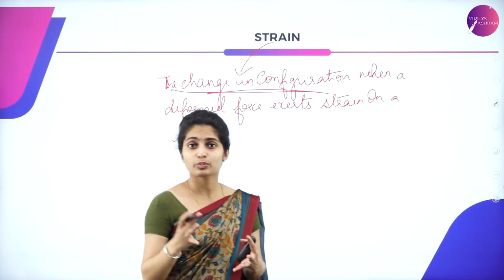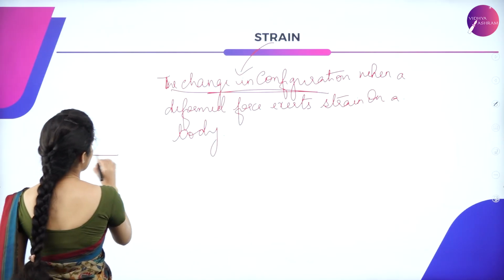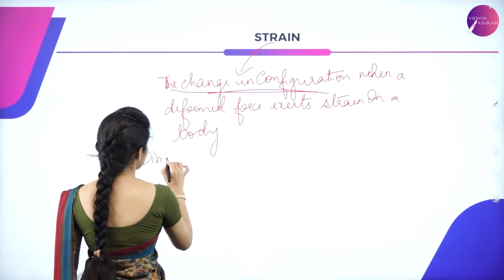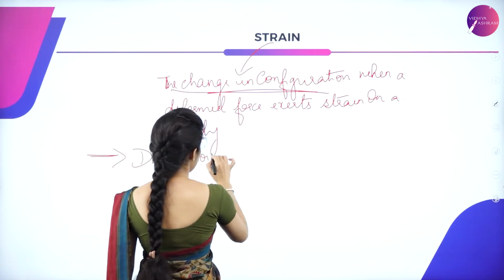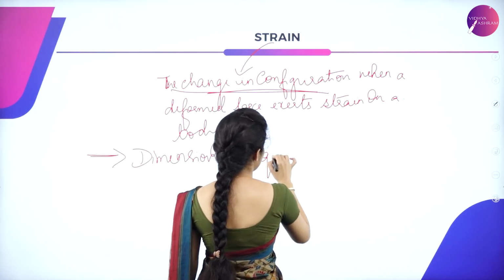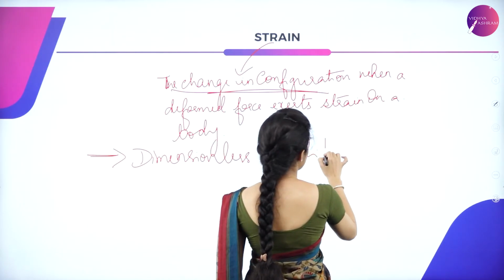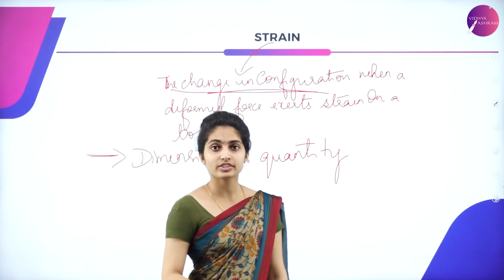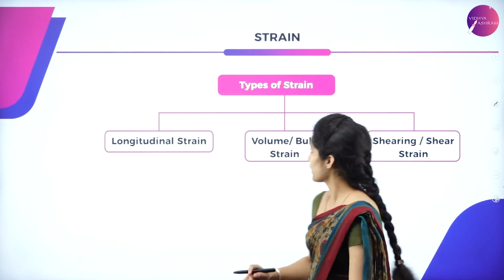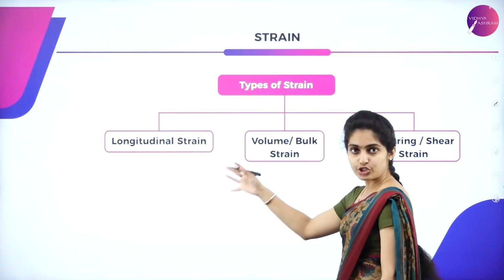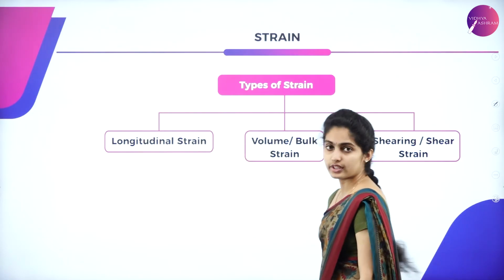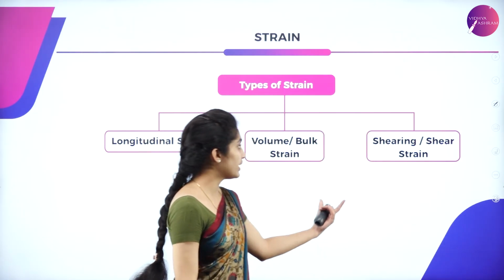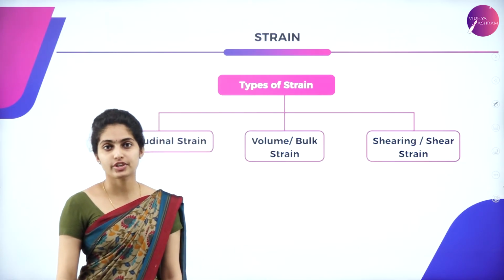Strain is a dimensionless quantity. It doesn't have any dimensions, but strain has three types: longitudinal strain, volume or bulk strain, as well as shearing or shear strain.